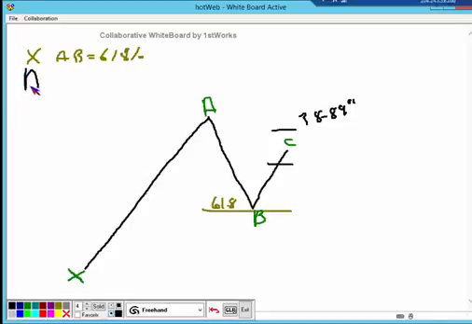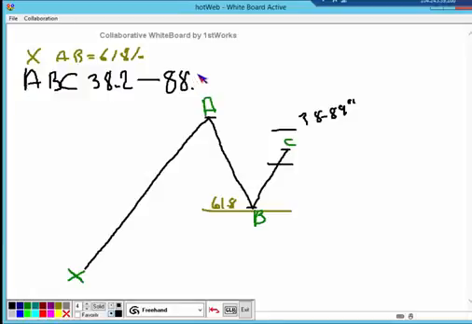A, B, C. Which means from A high to B low back up to C, it could be anywhere from a 38.2, what we call 38% retracement, to a 88.6, what we call an 89%. So anywhere in this zone is fine. Anywhere in there, it's fine for the market.